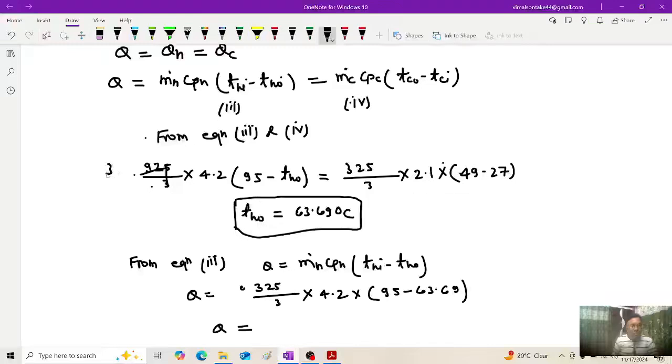So the mass flow rate of hot fluid is 325 by 3, into 4.2, into (95 minus THO), and the mass flow rate of cold fluid is 925 divided by 3.